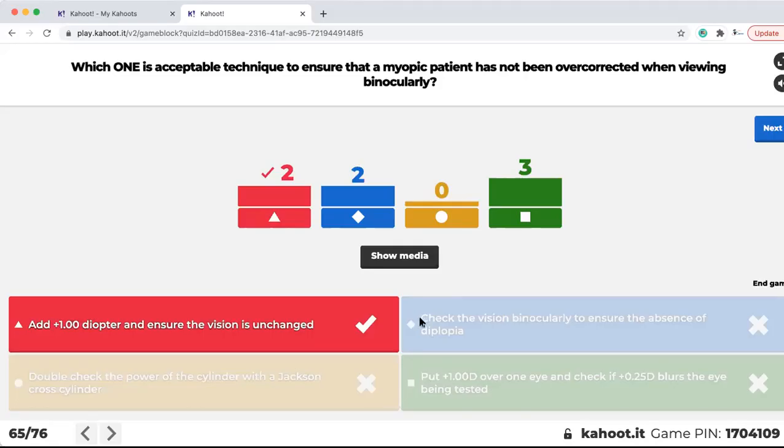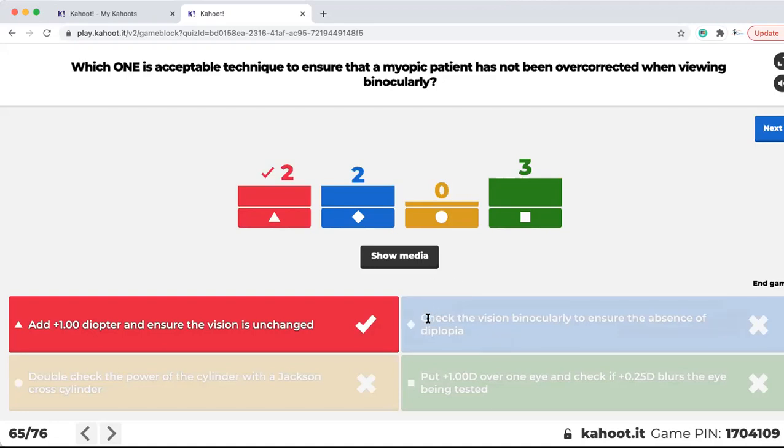Can this be done by checking the vision binocularly to ensure the absence of diplopia? No, this is not a test for diplopia. Don't confuse diplopia with binocularity, because the test we are speaking about is done binocularly, as accommodation is always a bilateral reflex.